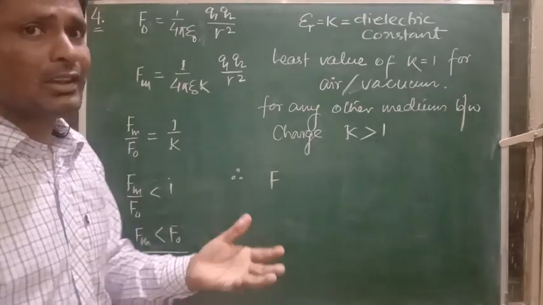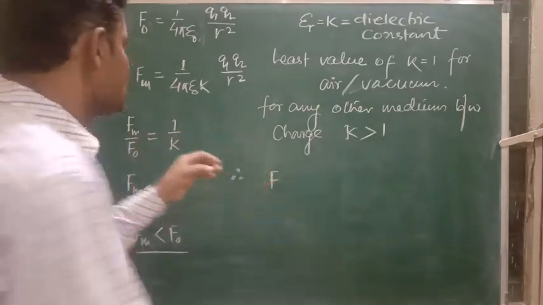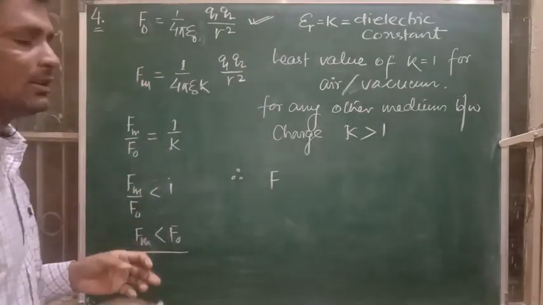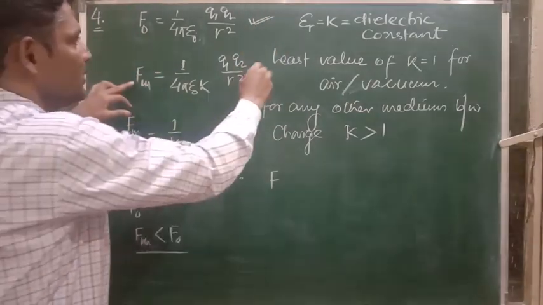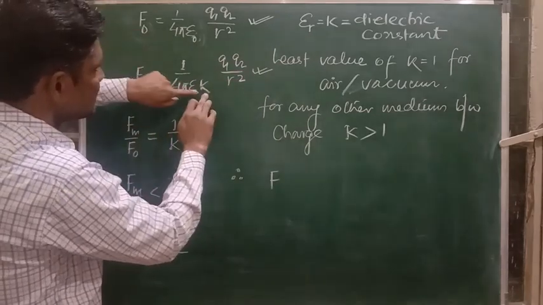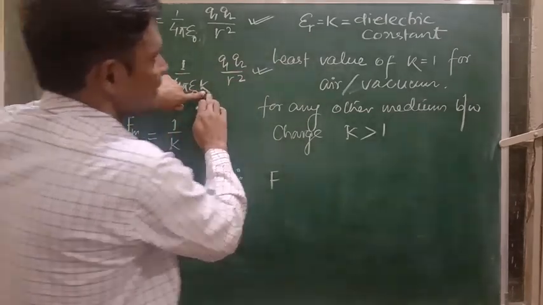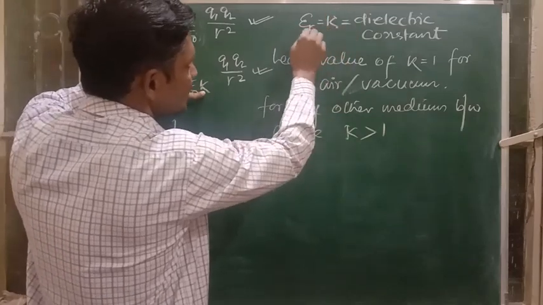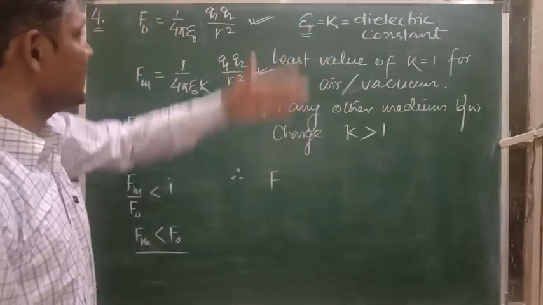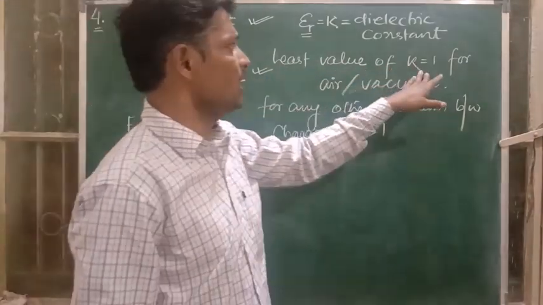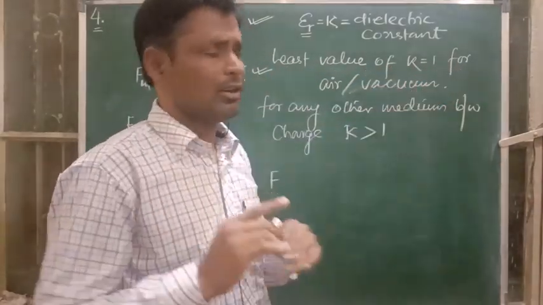Suppose that when there is only air between the charges, we must use this formula, and if there is another medium between them, we must use this formula. This formula has another constant K, that is the dielectric constant, and the dielectric constant is also called relative permittivity.